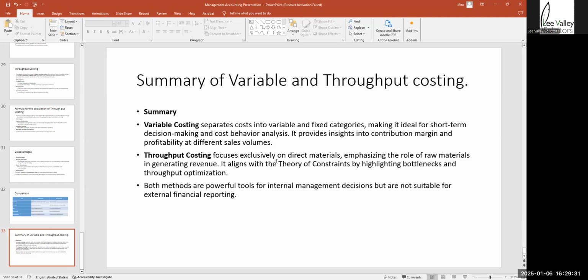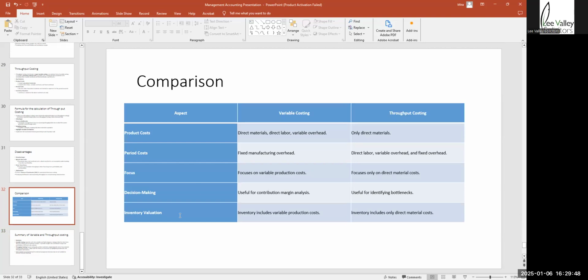Throughput costing focuses exclusively on direct material, emphasizing the role of raw material in generating revenue. Both methods are powerful tools for internal management decisions but are not suitable for external financial reporting. So that's all from my side.